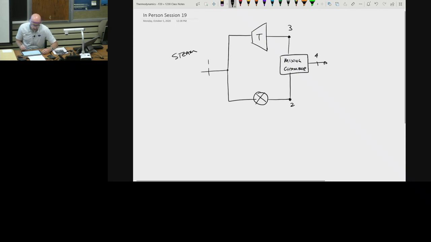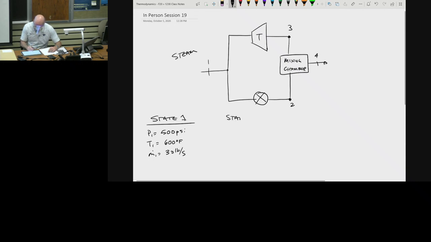And here's the information that you are given about each of these states. State 1 has a pressure of 500 psi, a temperature of 600 degrees Fahrenheit, and a mass flow rate of 30 pounds per second. State 2, all we know is that the pressure of 2 is equal to 180 psi.